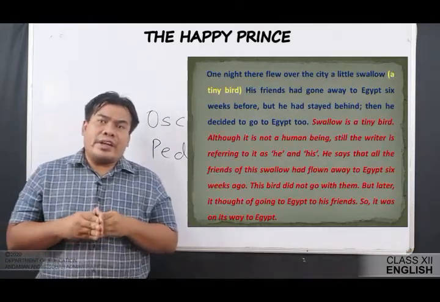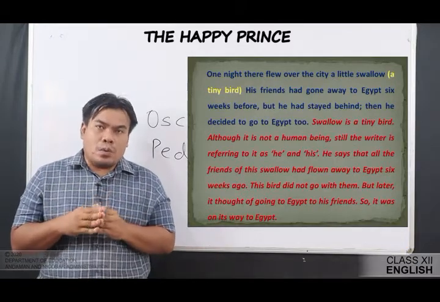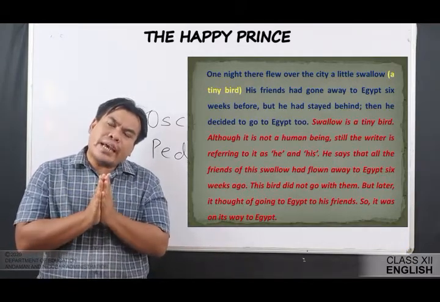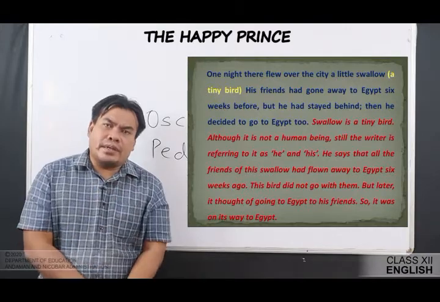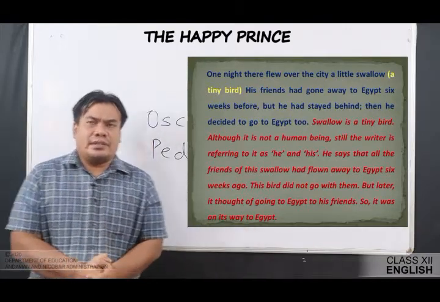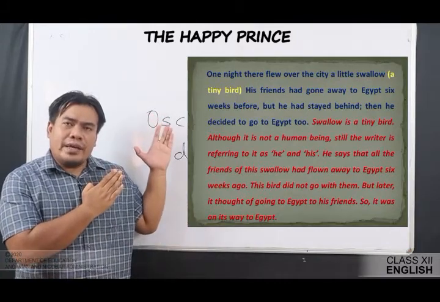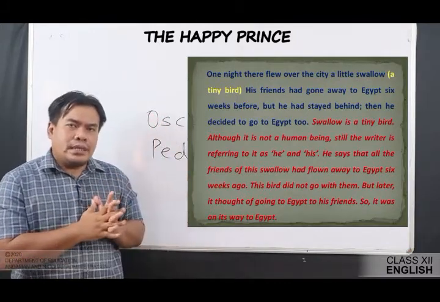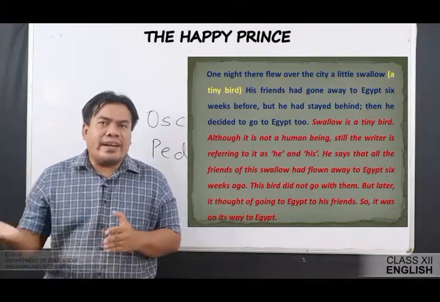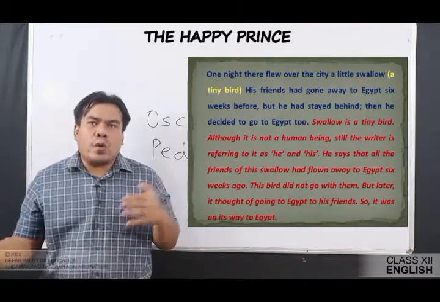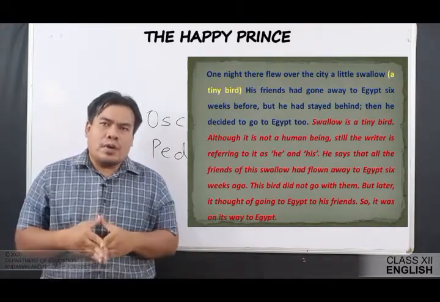One night, there flew over the city a little swallow. Swallow is actually a name of a tiny bird. So, the statue was erected there on a pedestal. And one fine night, there was this swallow who flew.